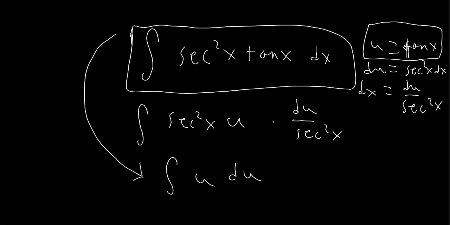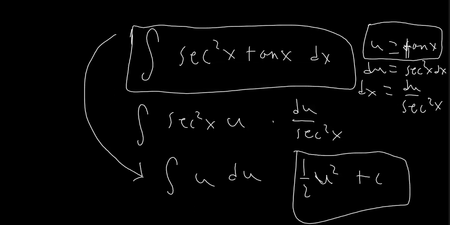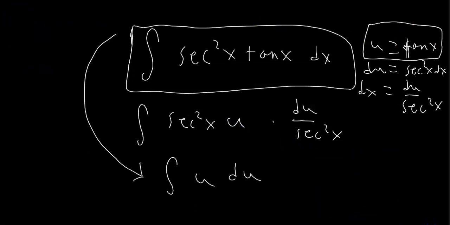Literally, the integral of u, which is easy to do because that's just 1/2 times u to the second power. So 1/2 times u to the second power plus c, and that's our integral in terms of u. In terms of x, again, I'll just rewrite it in the same place for organizational purposes.